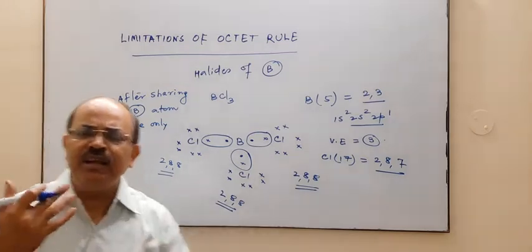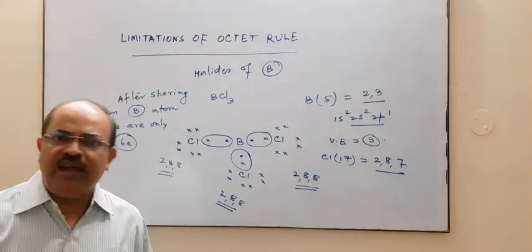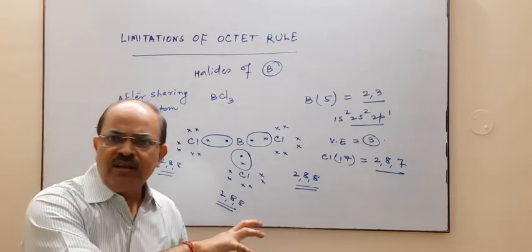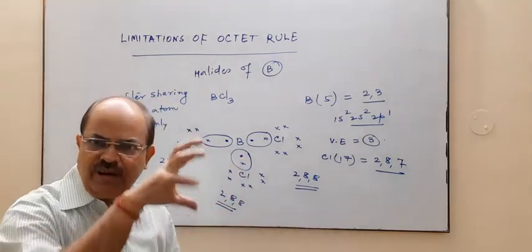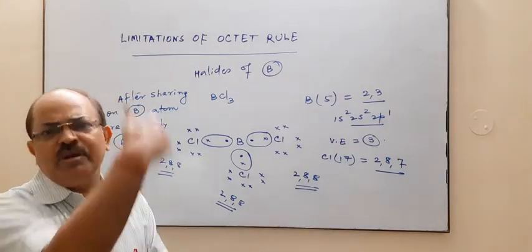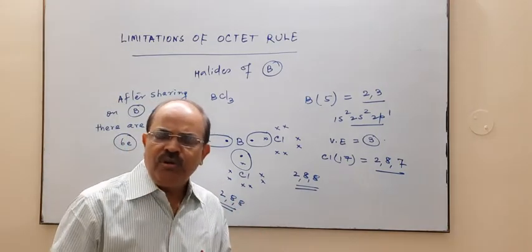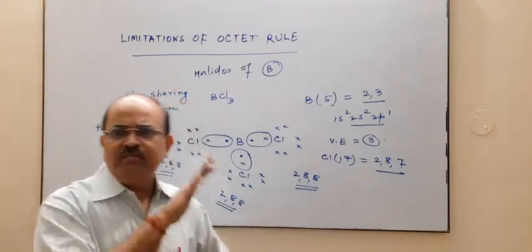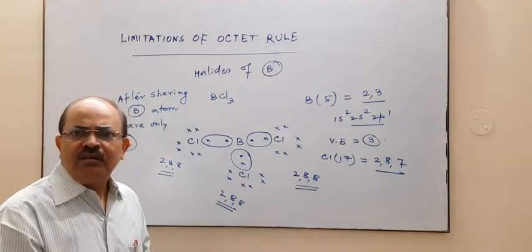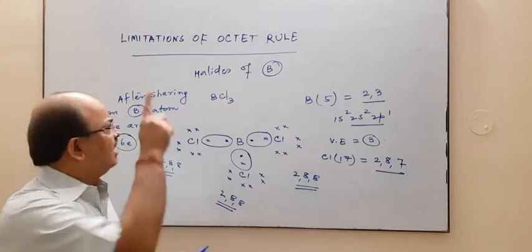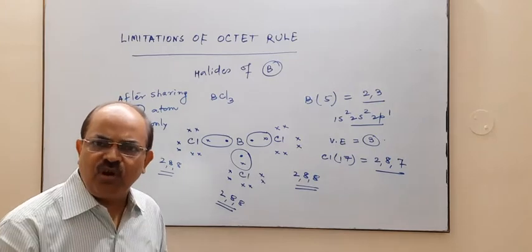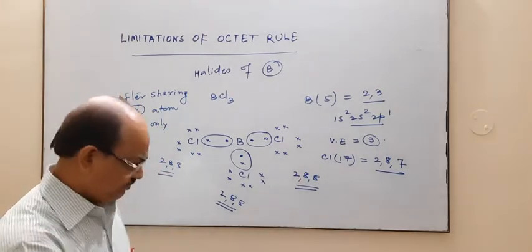So it has an incomplete octet, but we know that it is a stable compound. इसका मतलब ये हुआ कि इलेक्ट्रॉन डेफिशिएंसी होने के बावजूद ये कंपाउंड एग्जिस्ट करता है. इसका कारण जो भी हो ये हम लोग बाद में डिस्कस करेंगे. बट दिस कंपाउंड इज स्टेबल कंपाउंड, although it is electron deficient, it has an incomplete octet. It means it will not follow the octet rule.